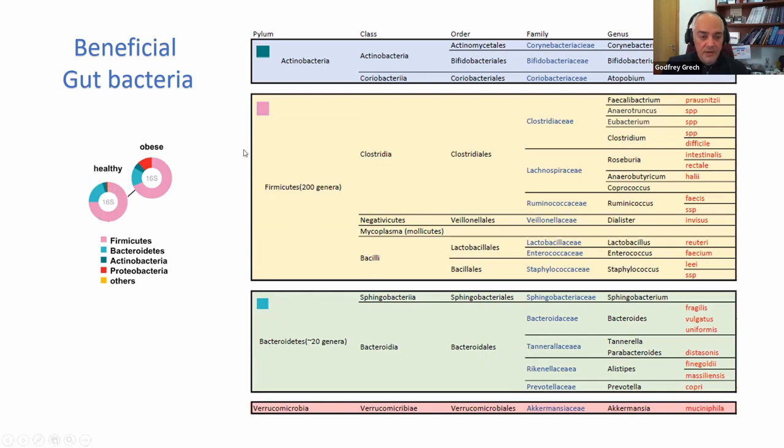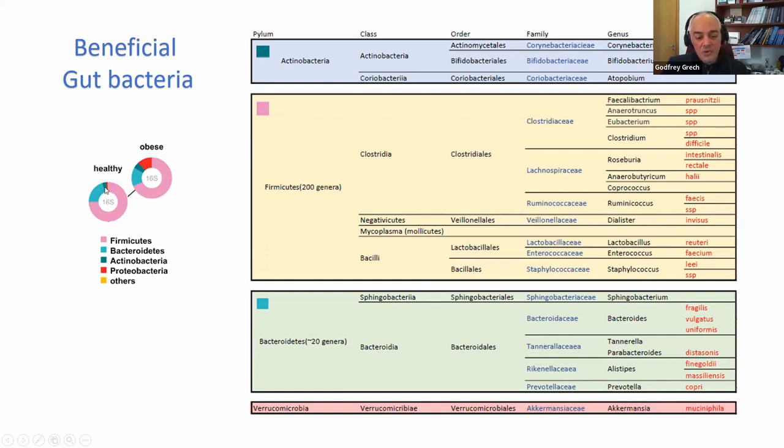Now the pink color represents the top right pink, and also the green blue. Okay, those are the main ones. And in a healthy individual, this is the particular ratio that we expect. But of course, we also need, as I said, the bifidobacteria, which are a small portion, but they are also extremely important. They should be there.